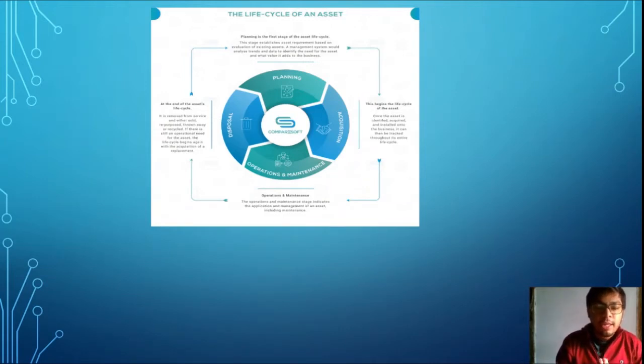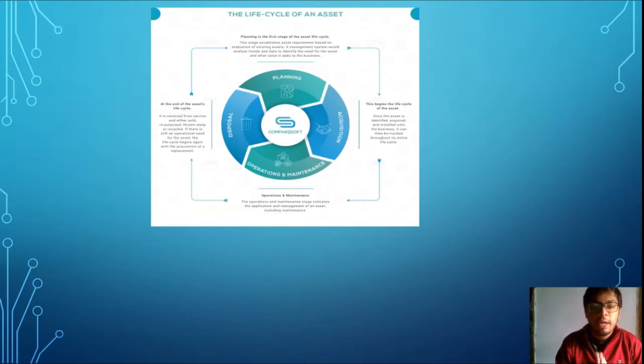If we are talking about the disposal stage, the asset is removed from service and either sold, repurposed, thrown away, or recycled. If there is still an operational need for the asset, the life cycle begins again with the acquisition of the replacement.